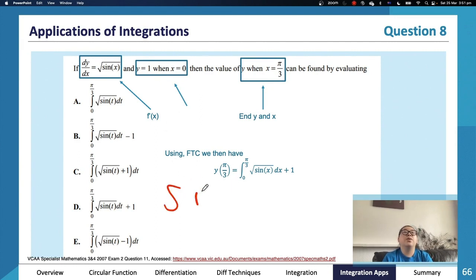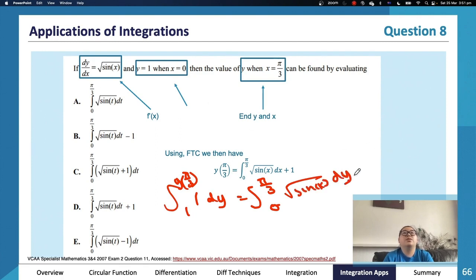So you're saying the integration of 1 dy from y of pi on 3 to 1 is equivalent to the integration from pi on 3 to 0 of your root sine x dx. That's basically what it is, and then from there you can see why the 1 goes across. So if we do that, when we put this across, we'll see that it's equivalent to this, which is also going to be equivalent to option D here.